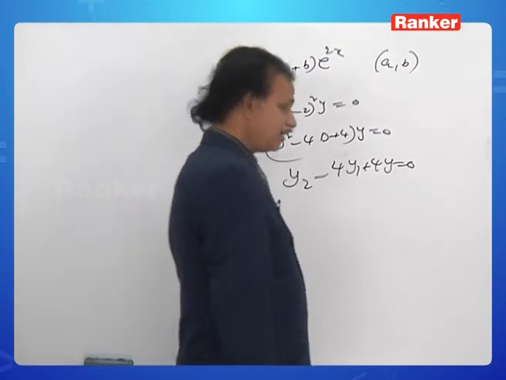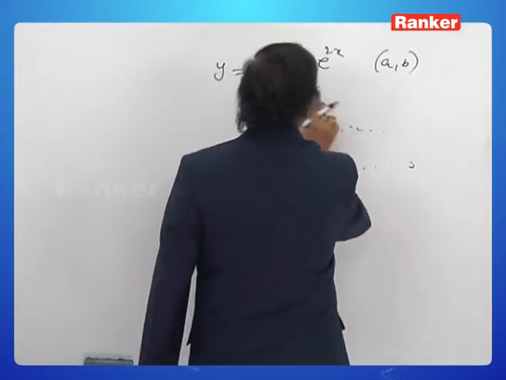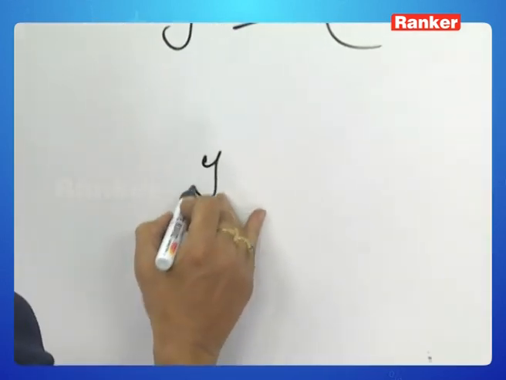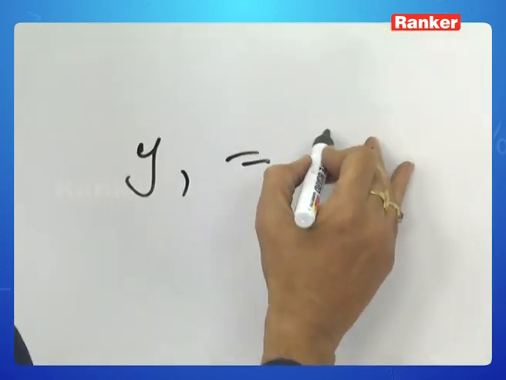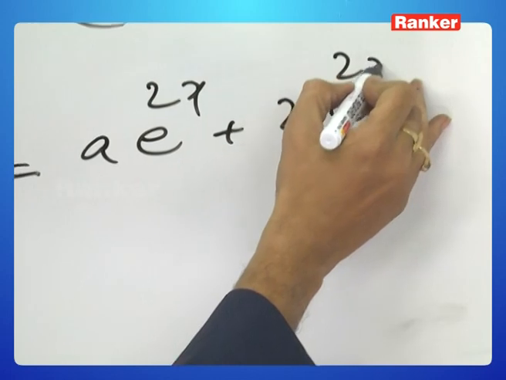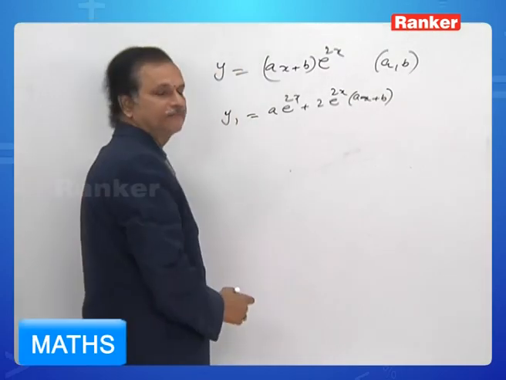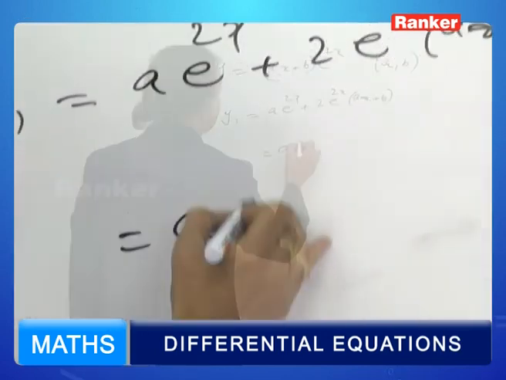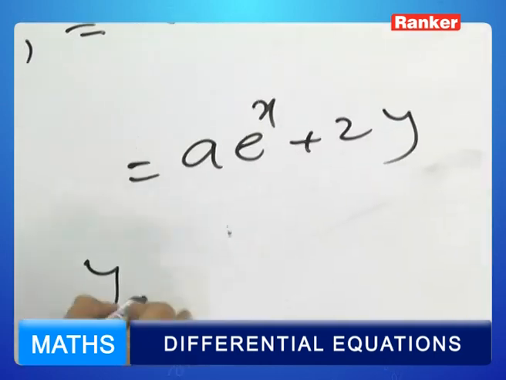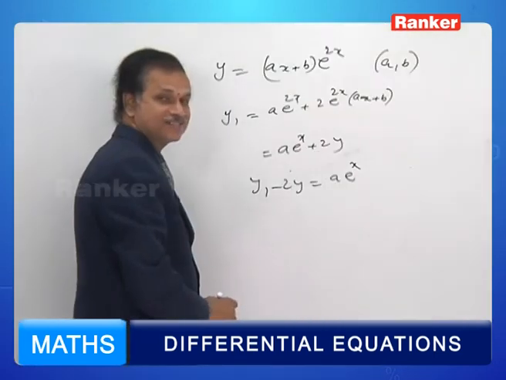You can. Shall we check it? It's not impossible. We shall do that. Look here. y1 is equal to a e^(2x) plus 2 e^(2x)(ax plus b), isn't it? That is a e^(2x) plus 2y, isn't it? So y1 minus 2y is equal to a e^(2x), correct?